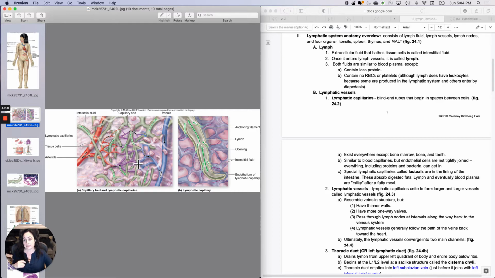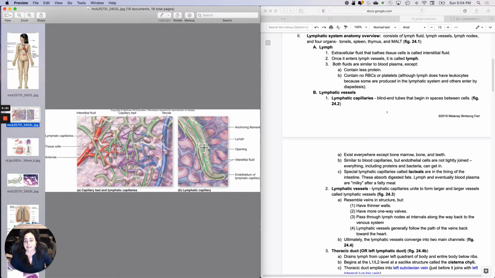So what happens with the lymphatic capillaries is that they are kind of wound together with the blood capillaries, but they're not circulating. They begin as a little blind end tube. Notice this one's just the blind end with open spaces that are really, really likely to pick things up.